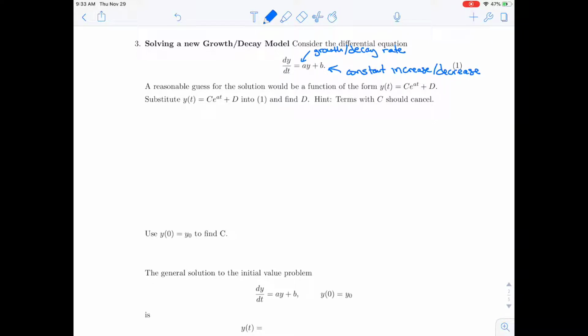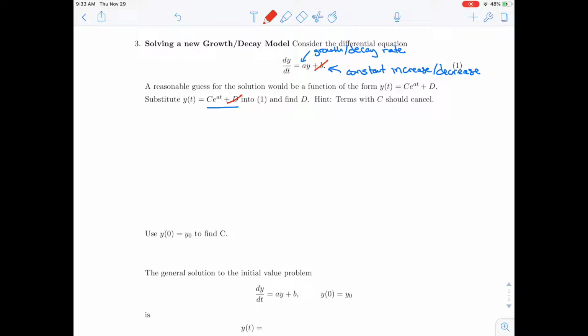Now you should see from the previous example with the concentration of the drug that our solution had the form of a constant times e to the at, plus another constant d. So this would be a good guess for the solution of our differential equation. Before, when we didn't have the constant b, the solution was just c e to the at.